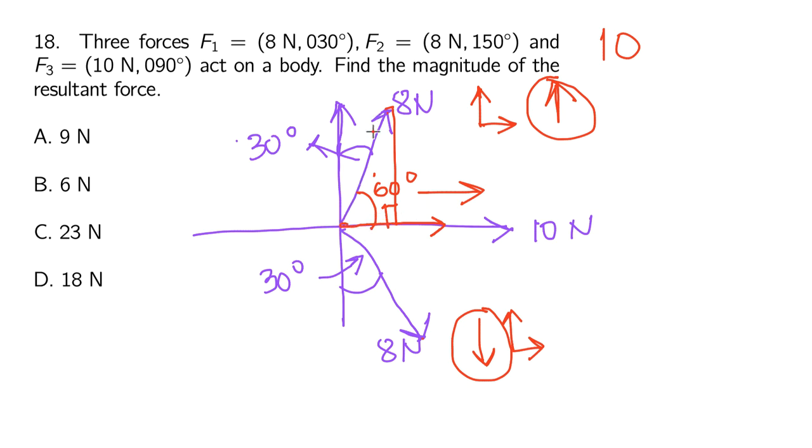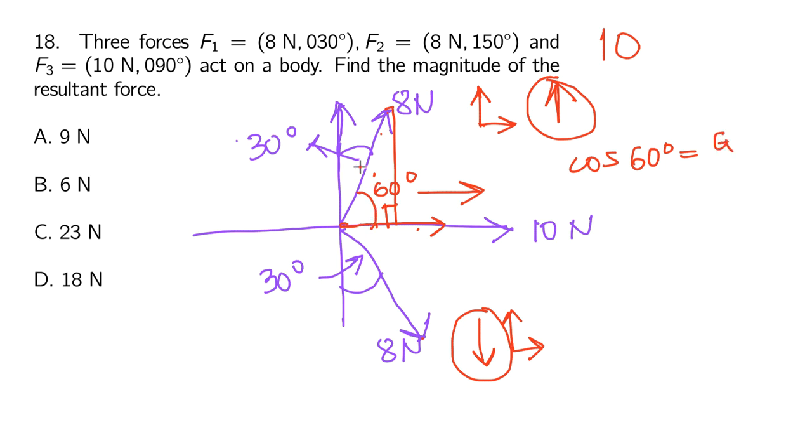The angle between this force and its horizontal component is 60 degrees, and using SOHCAHTOA, this length is going to be 8 times cos 60, because the cosine of 60 degrees in this case is the adjacent, which is the force we are looking for. Let's call it G.